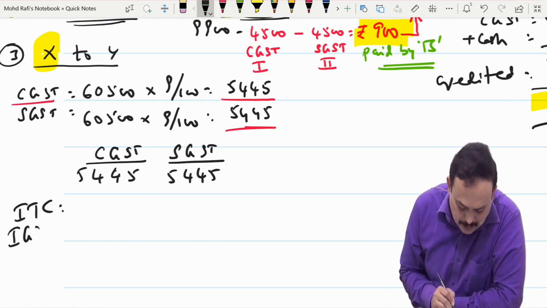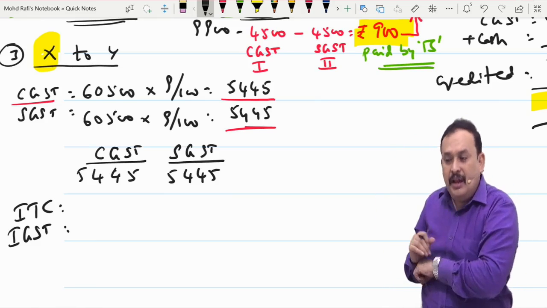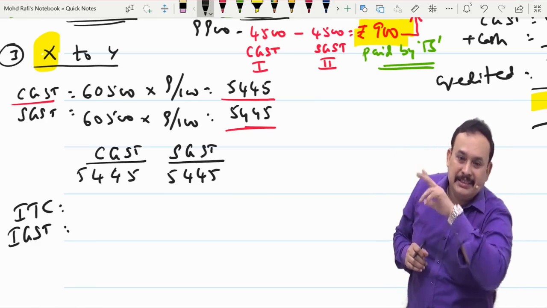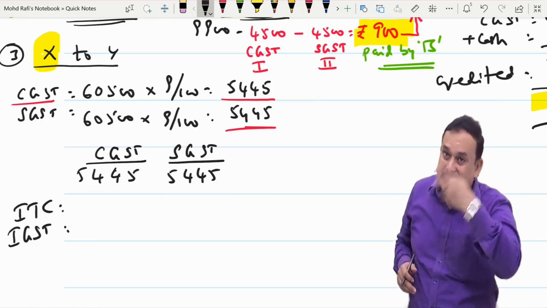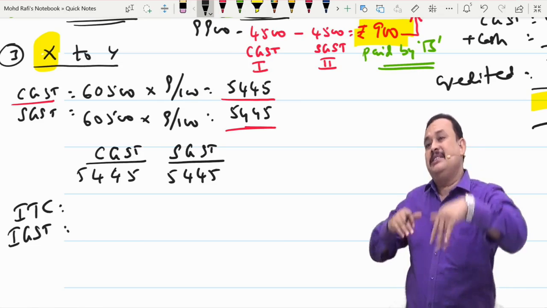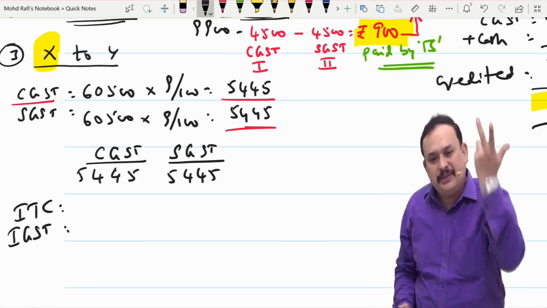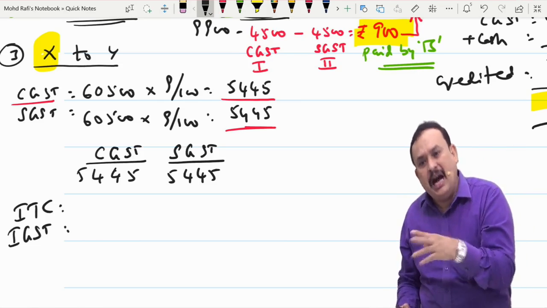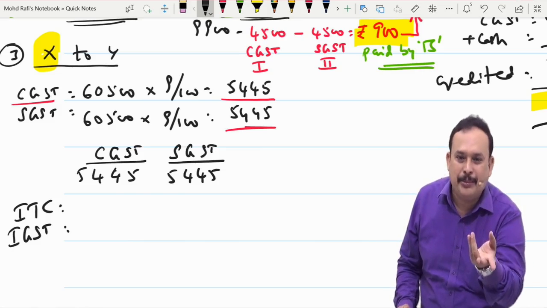Correct? That is the case. If I have only IGST credit and my liability is CGST and SGST, this point I referred. You can utilize the IGST for payment of CGST and SGST, as the case may be, in whatever proportion you decide. Fully you can claim first SGST, next CGST, or vice versa, or 50-50. If I go with 50-50, for example, I will go 50-50.